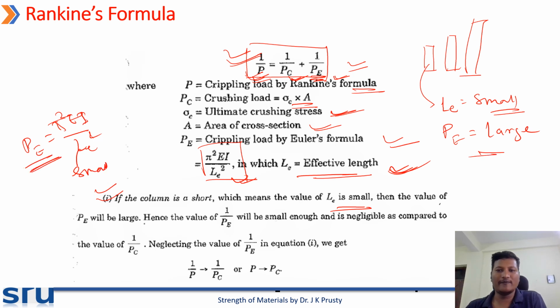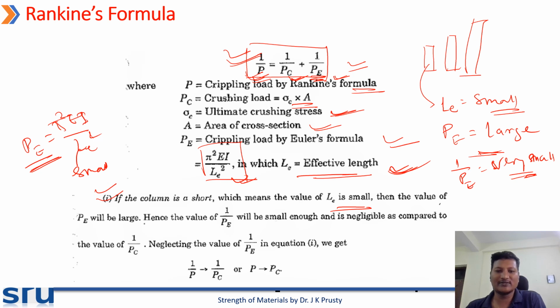If PE is large, then 1 by PE would be very small, and may be negligible as compared to 1 by PC.